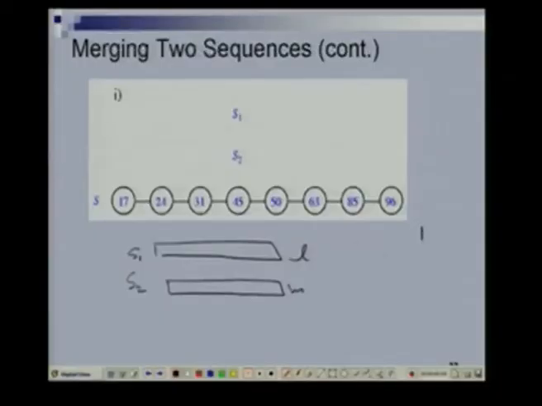Minimum of L comma m, maximum of L comma m, L plus m, is there anything else left? None of the above, okay, none of the above.